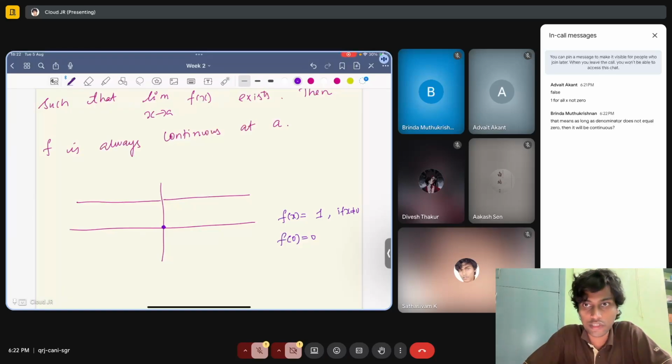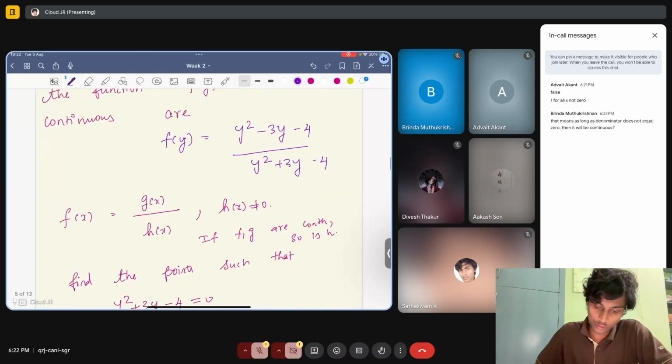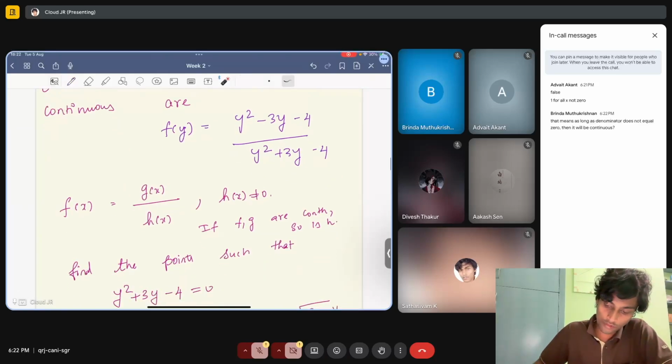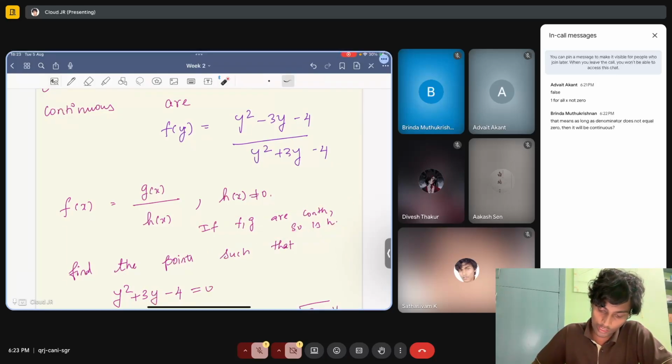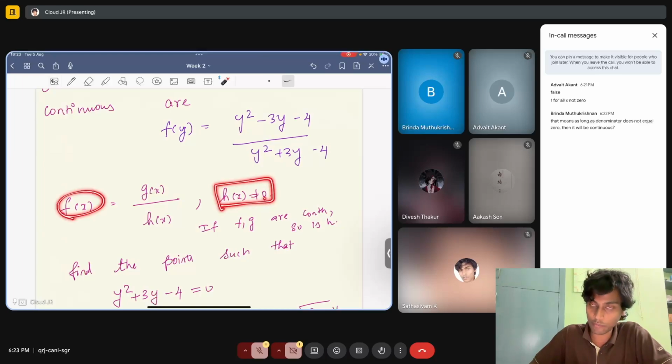There's another comment: that means as long as the denominator is not zero, it will be continuous. Yeah, in this problem that is true, because you have the theorem which says that if you have a quotient of two functions that are both continuous, then wherever the denominator is equal to 0, the quotient does not make sense.